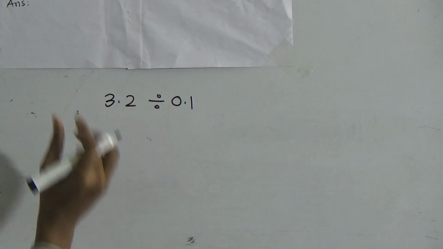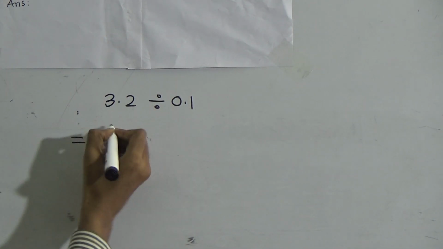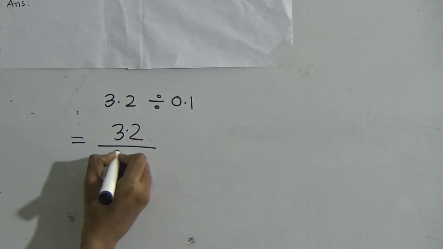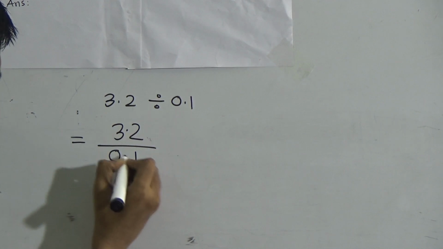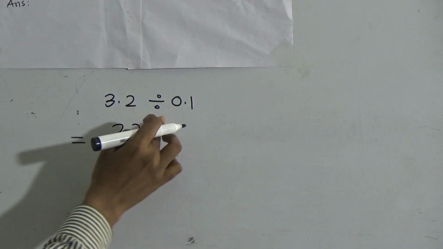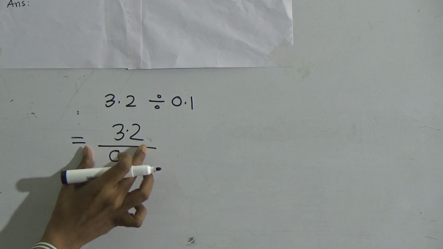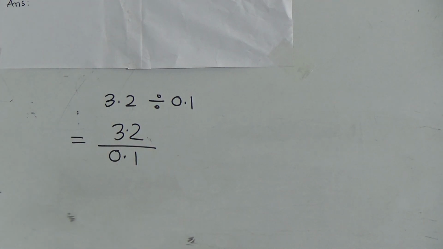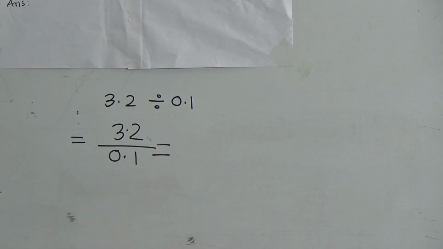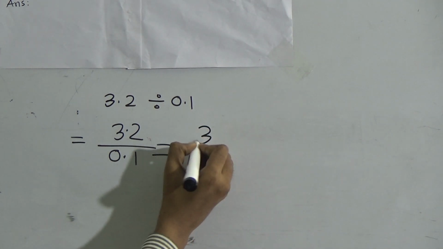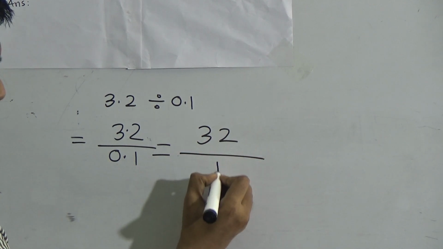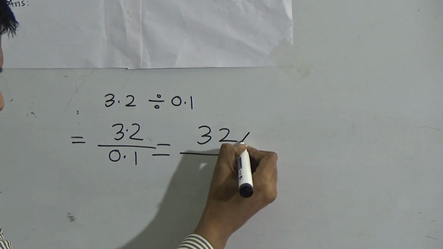This is the division sign. You can write it this way also: 3.2 by 0.1. This division can be written like this. Now please pay attention here. Write 3.2 over 0.1, and give a multiplication sign.